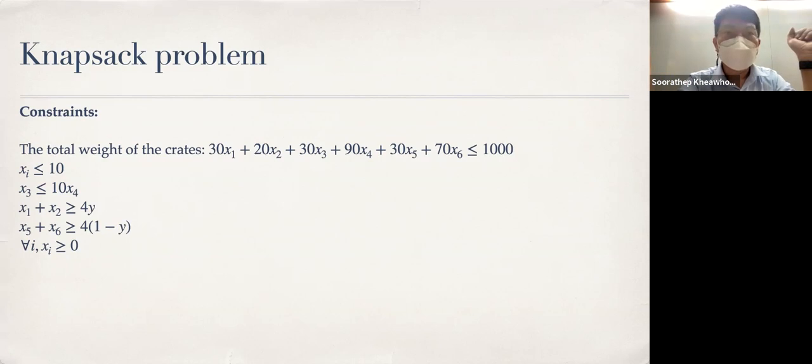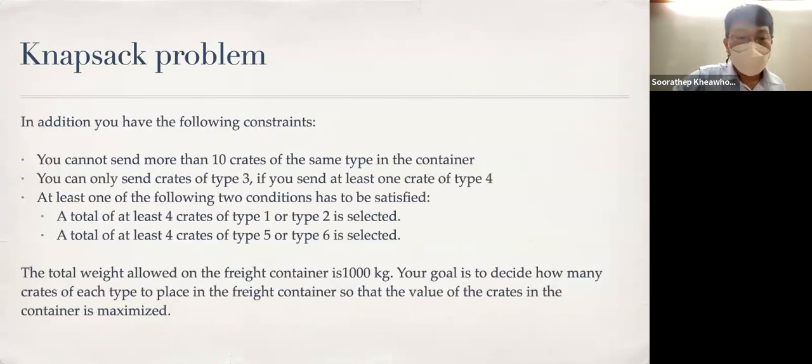You got my point? Back to the constraint first. You can only send crates of type 3, that means x3 can be greater than 0 if x4 is greater than 0.